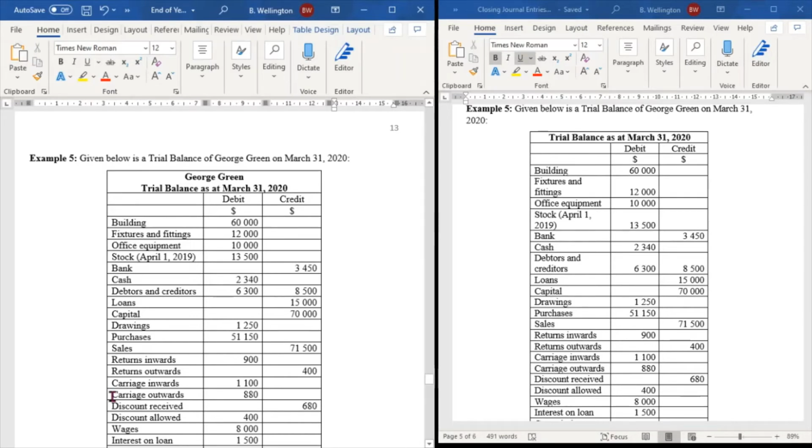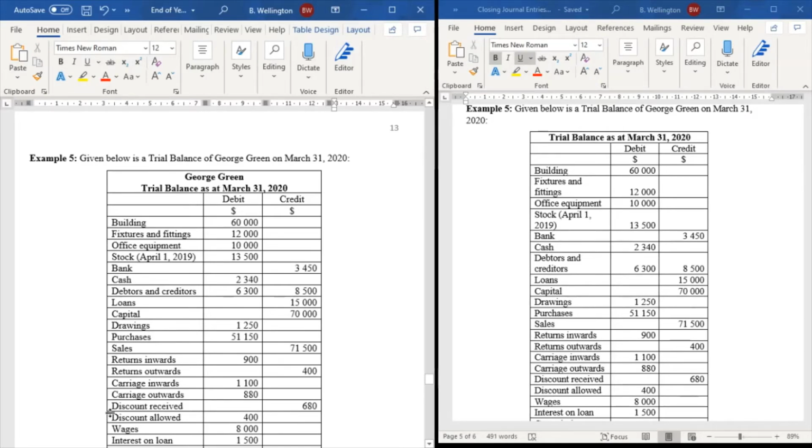Remember, carriage outwards is the cost of transporting goods from your business place to the customer. So that is an expense, and it will be used in your profit and loss account. So you're going to put a P beside it.